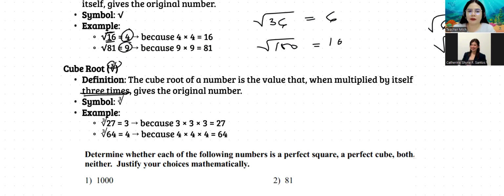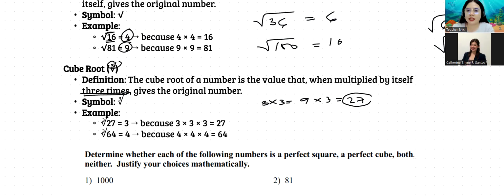So for example, the cube root of 27. You need to think of a number that when you multiply thrice by itself, the result is equal to 27, and that is 3. Because 3 times 3 is 9, times 3 is 27.